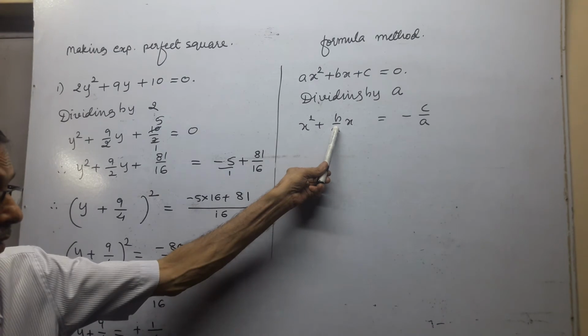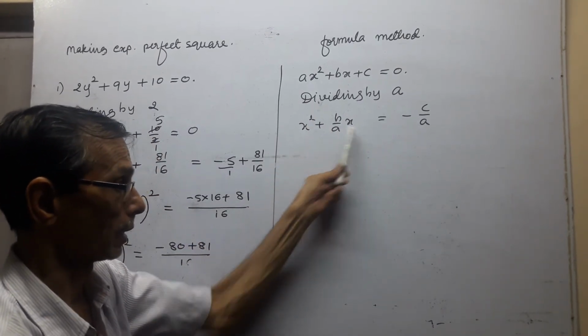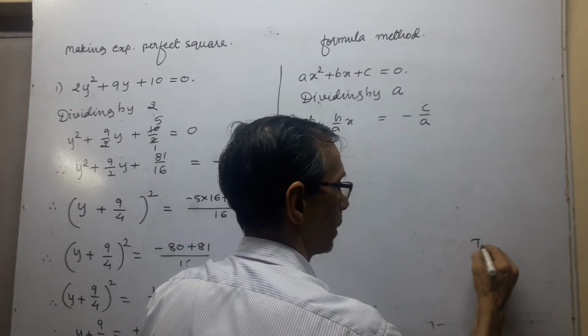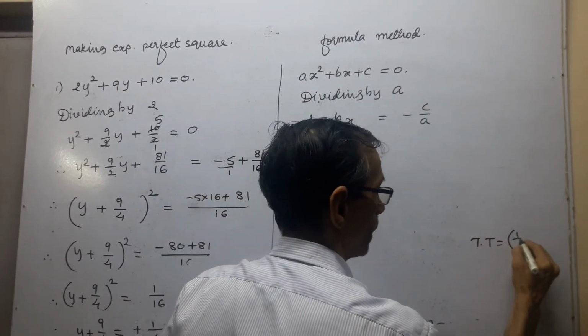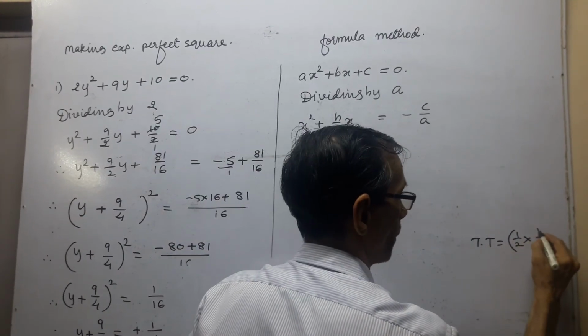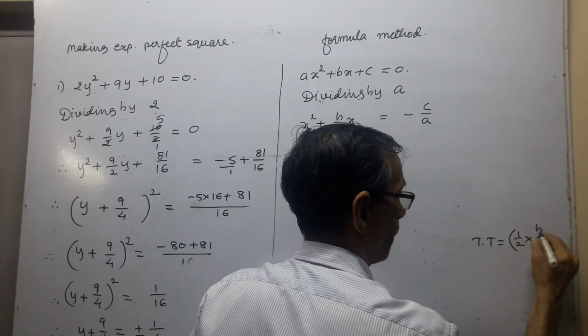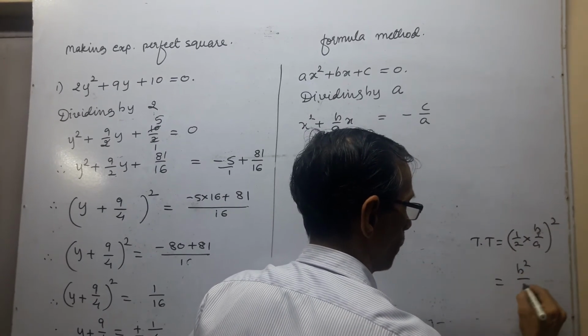We have to find the third term to make this expression a perfect square. So how to find the third term? The third term is equal to half into the coefficient of the middle term, whole square. The coefficient of the middle term is b upon a, and so the third term is b square upon 4a square.